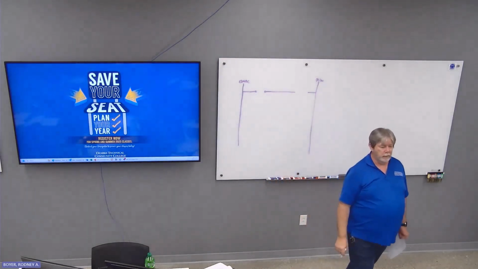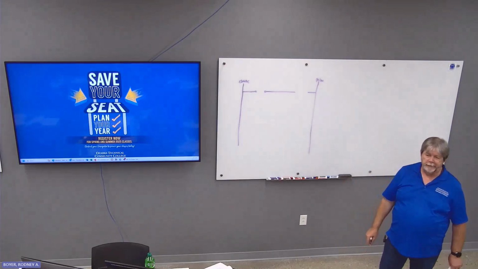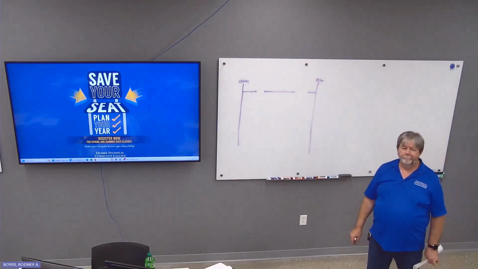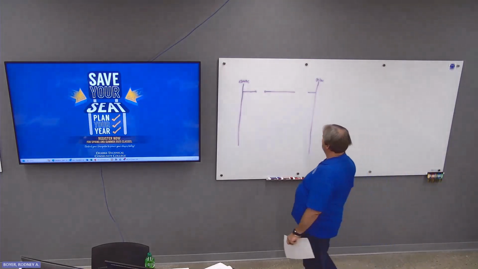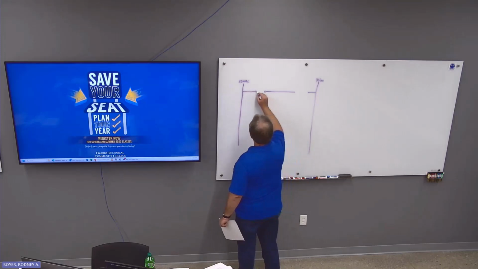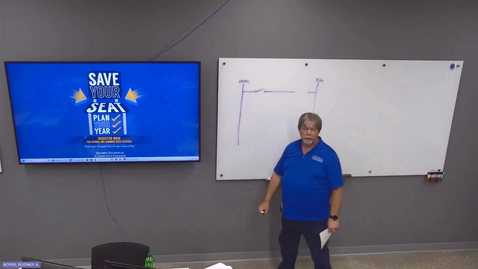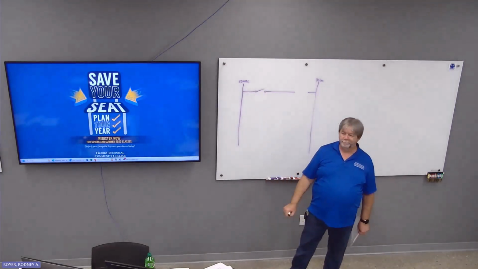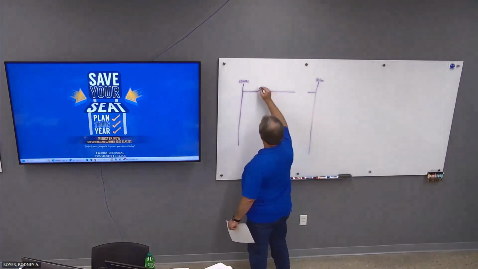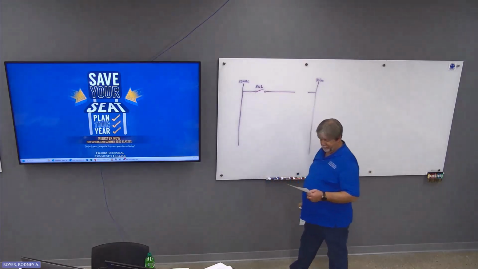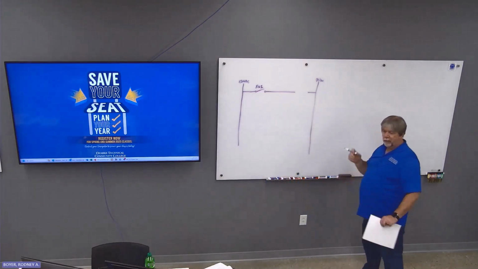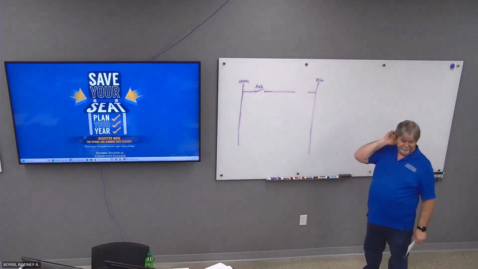First of all, what is the schematic symbol for a switch? Something like that. Okay. That's switch 1. What's the schematic symbol for a green pilot?